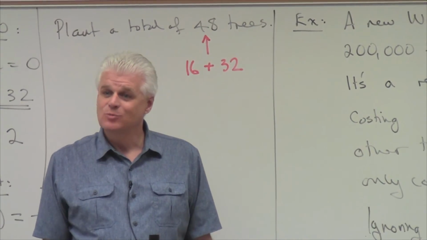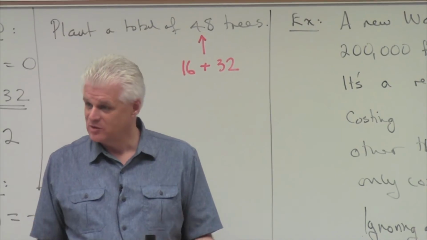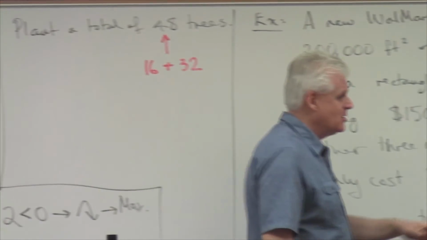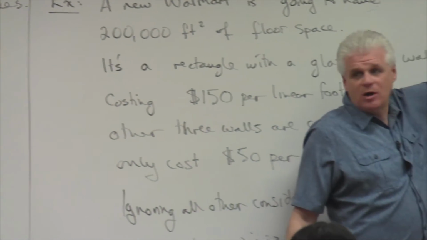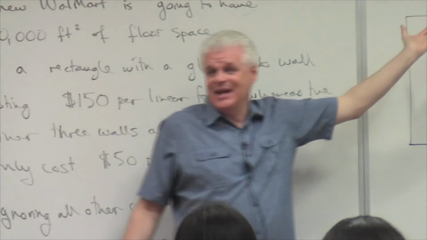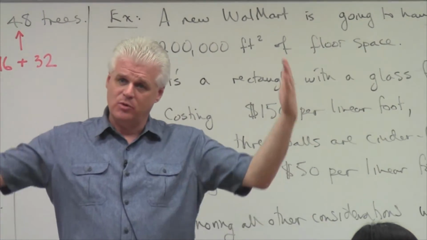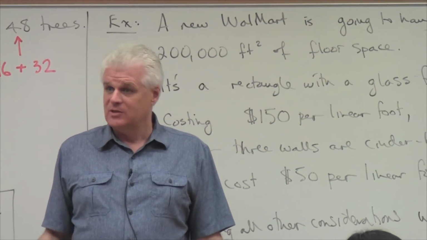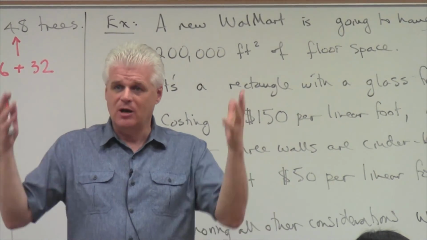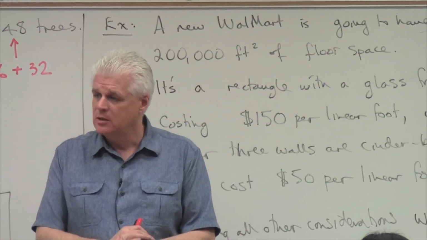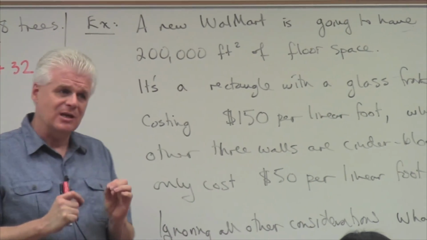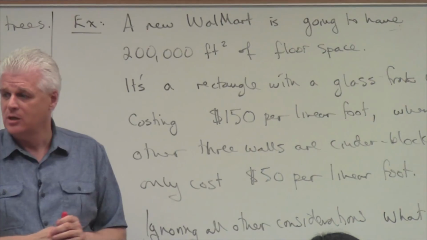I'm already assuming the glass wall is going to be shorter because it's more expensive. And because of that, the opposing cinder block wall at the back must be the same length. It's a rectangle, so it also will be shorter. Whereas the two side cinder block walls will tend to be longer because they're cheaper. So you can get up your area that way more cheaply. But we want to know precisely how long should they both be.